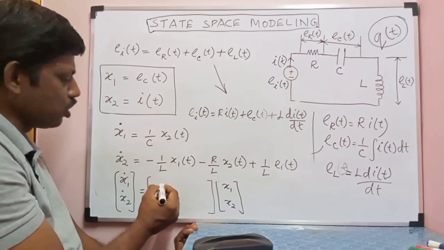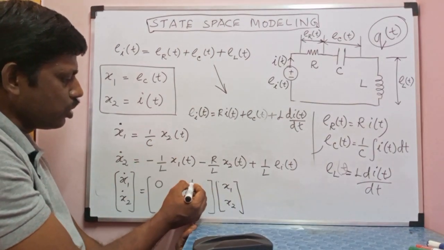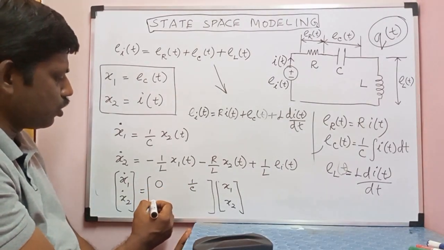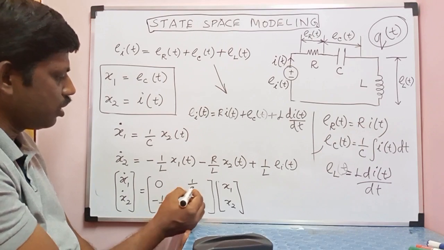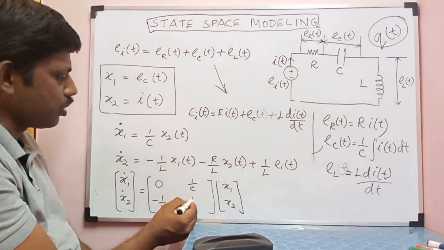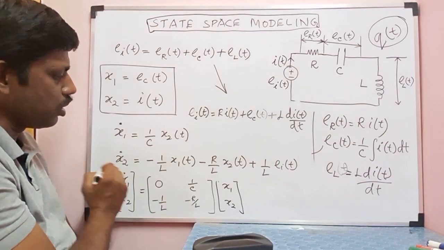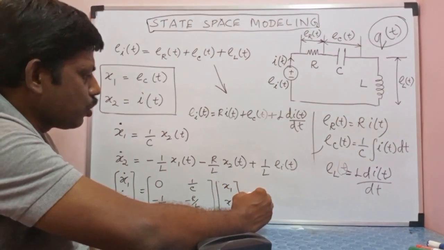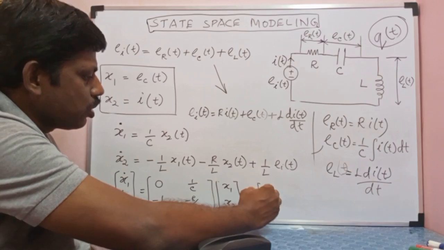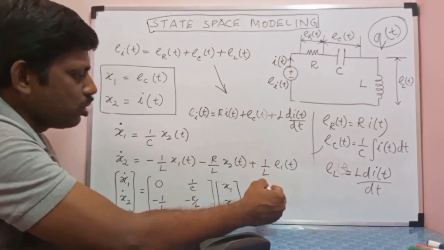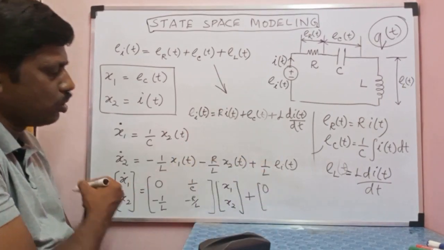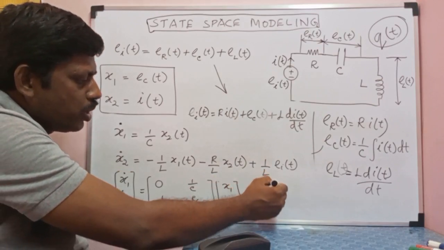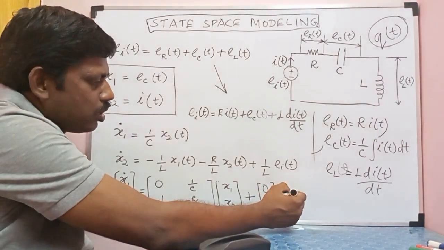There is no x1 term in the first equation, so 0, then 1 by C, and in the second row it is minus 1 by L and minus R by L, plus the input matrix: in the first equation there is no input, so 0, and then 1 by L E_I of t.